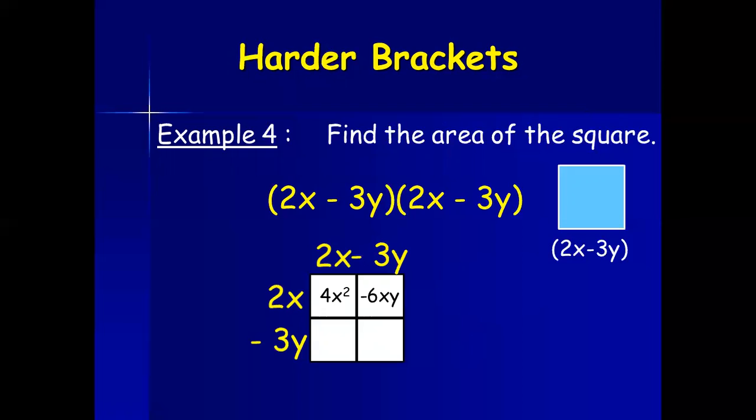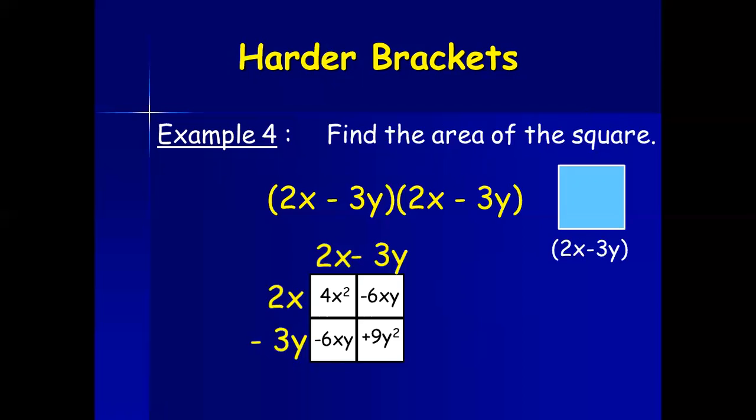And then negative 3y multiply 2x, which will be negative 6xy, and finally negative 3y multiplied by negative 3y, which will be positive 9y power 2.